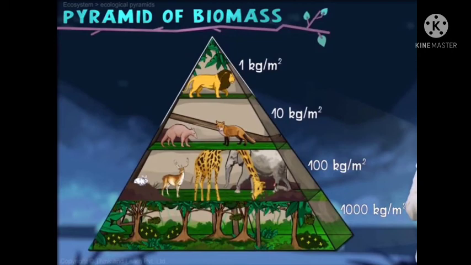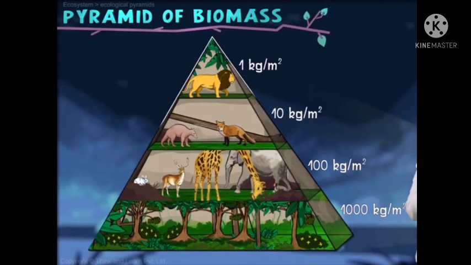Now if I see the weight of the secondary consumers, the ones who are eating the primary consumer, in a forest ecosystem, I will try to find out which animals are eating the primary consumer, and if I calculate the weight of them, I will see that they are less in comparison to the primary consumer.